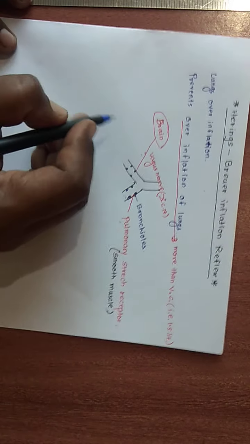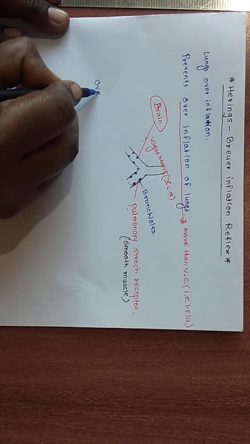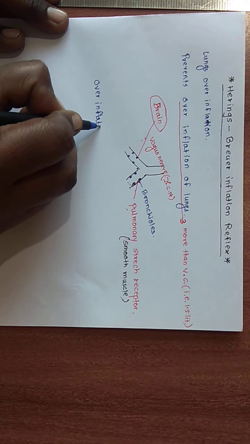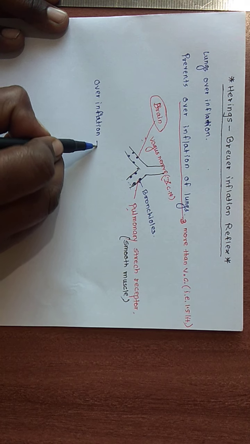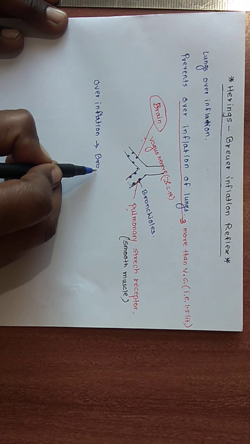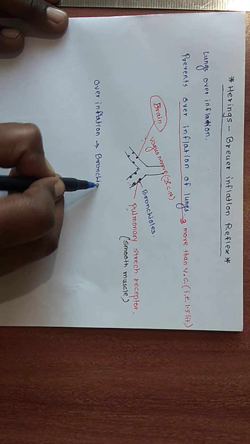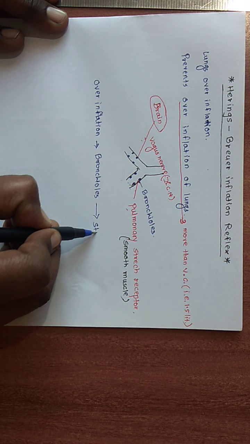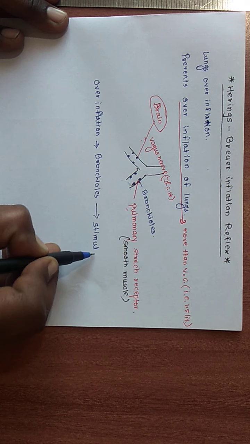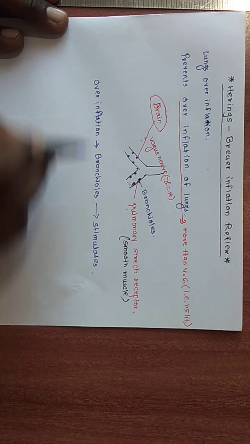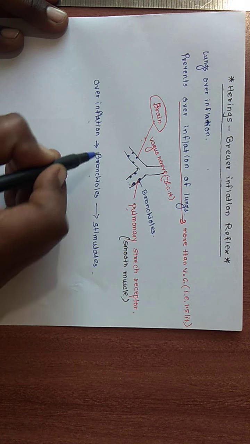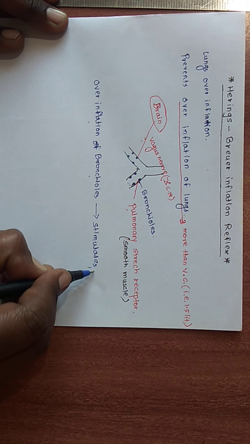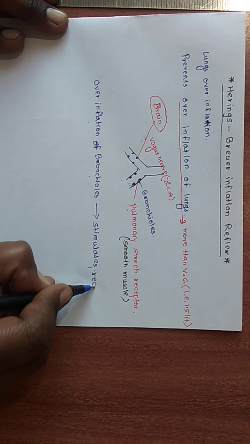That means overinflation of the air passages, the bronchi and bronchioles, stimulates the receptors.